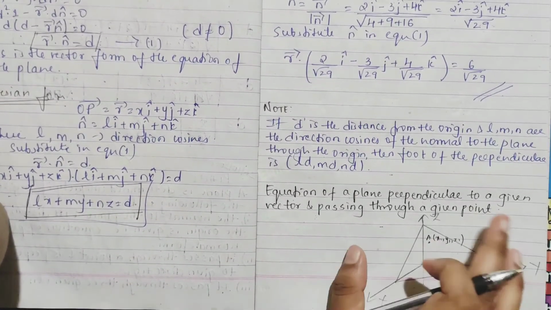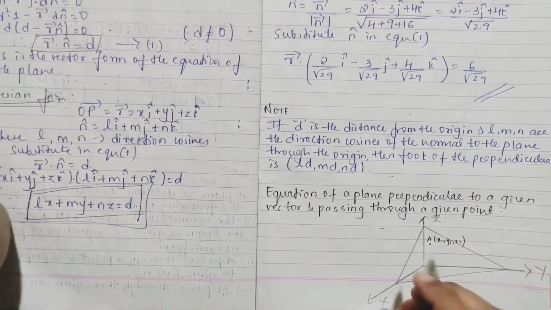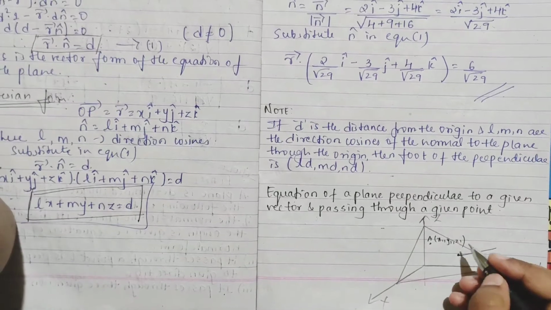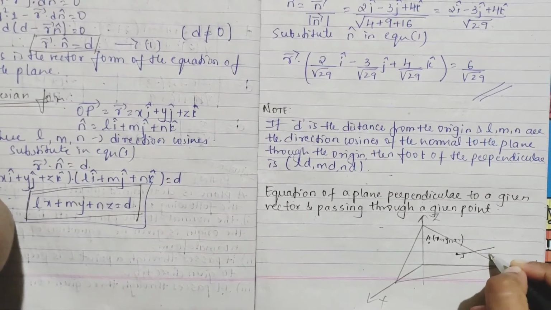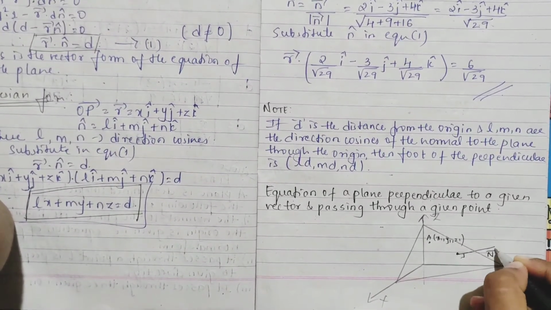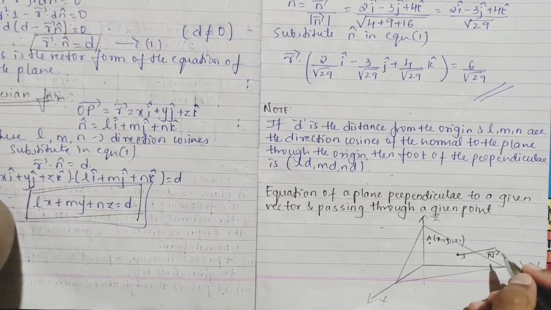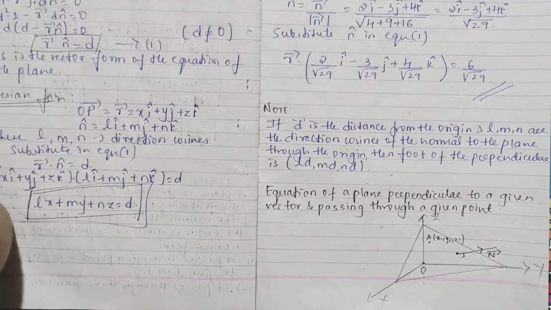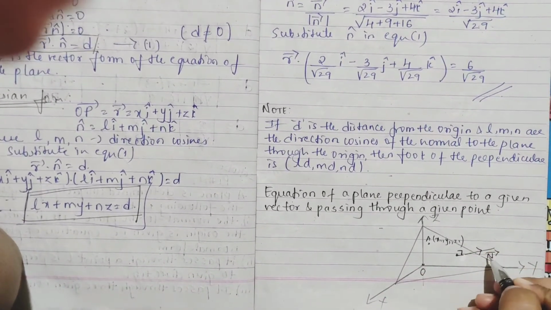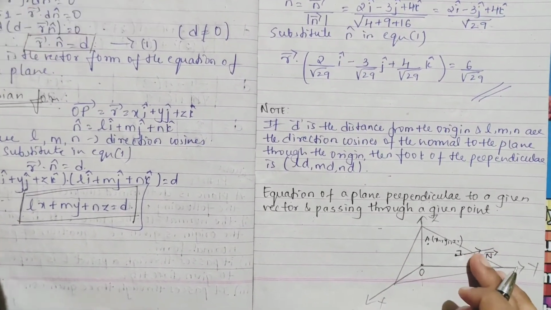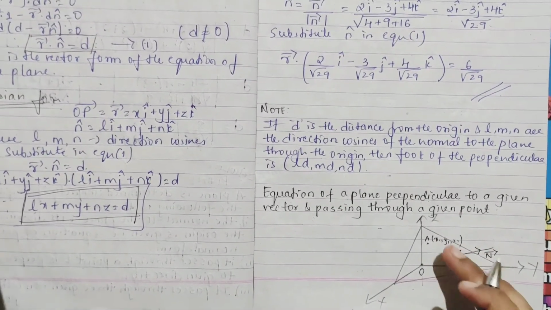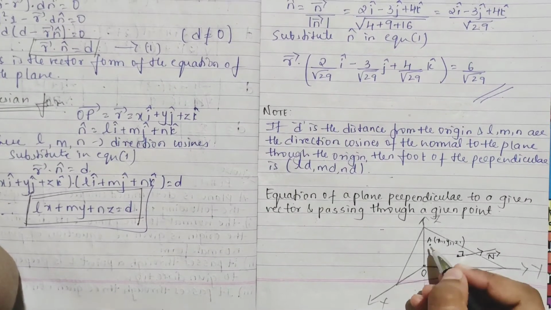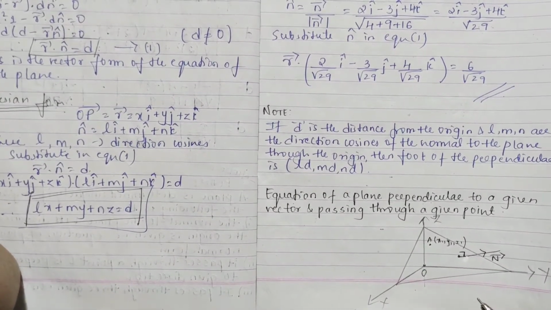We are taking a normal, which I am taking as vector n. This is your origin. We are not concerned with the origin, more with the given point and a vector. So we have taken a normal which is perpendicular to the plane through point A. Now we have to find this equation.